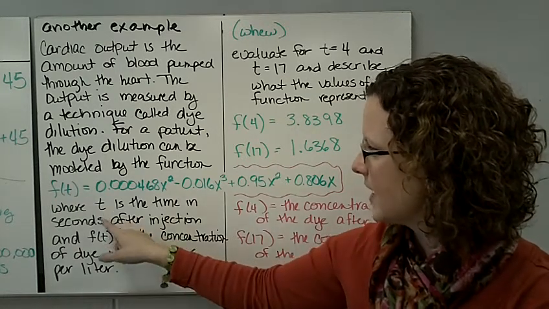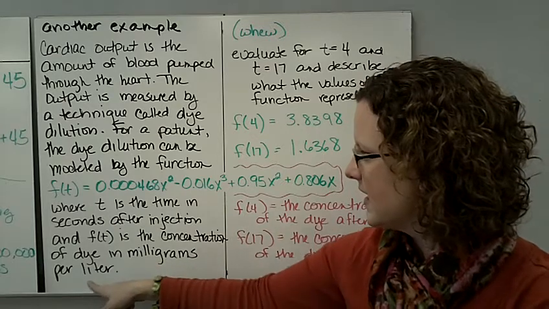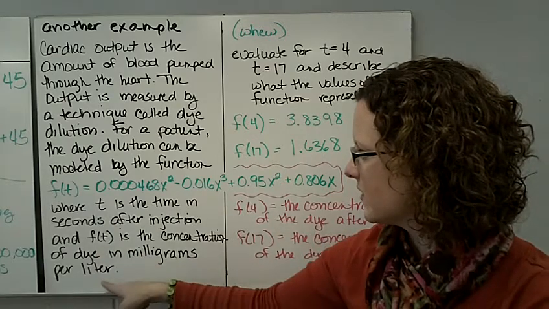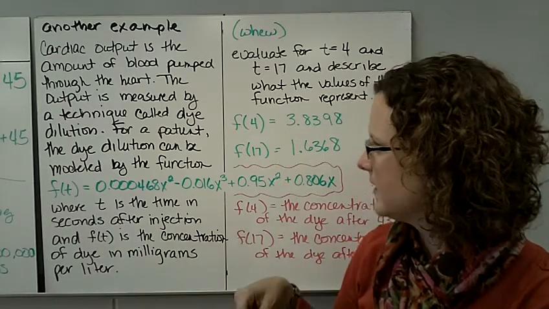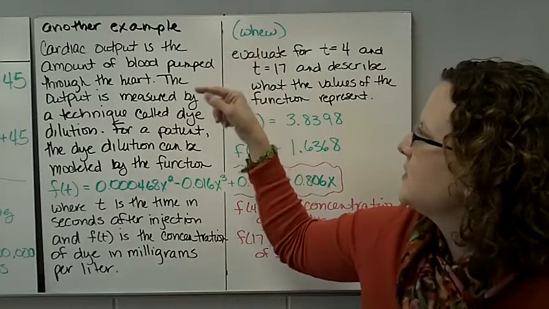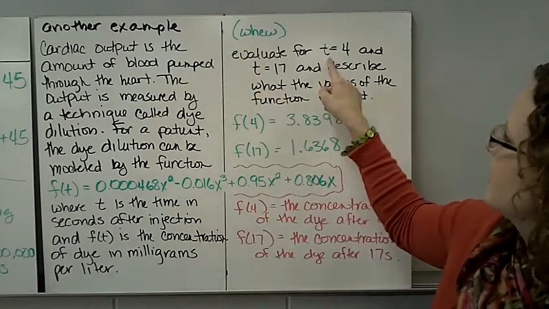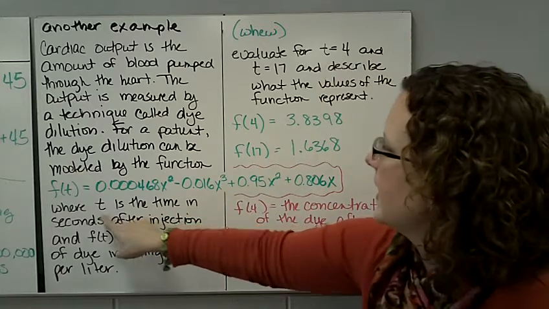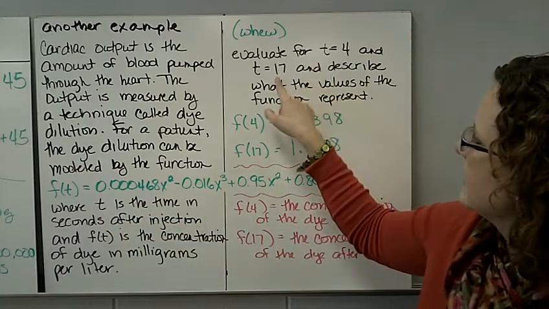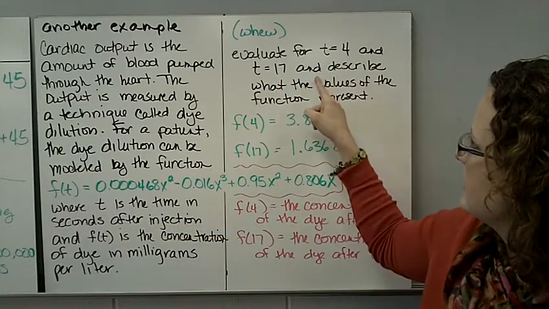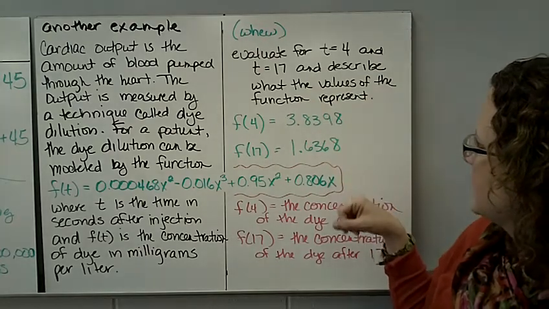So t is your time in seconds after your injection, and f of t is the concentration of dye in milligrams per liter. Evaluate for t equals 4, that's time in seconds, 4 seconds, and t equals 17 seconds, and describe what the values of the function represent.